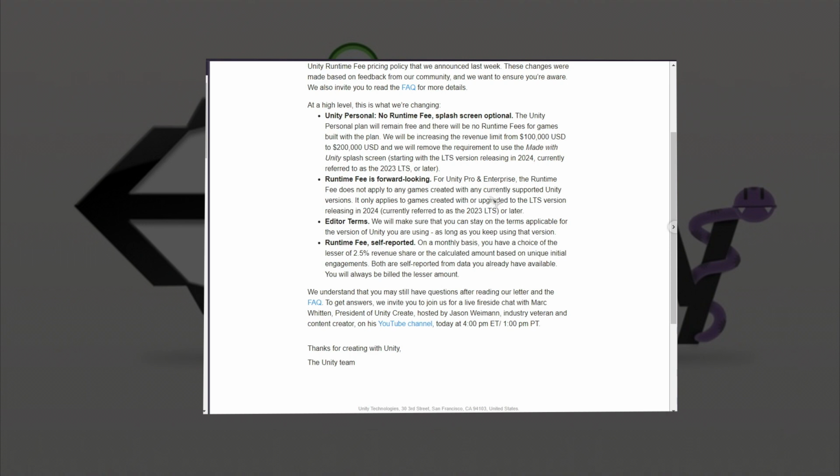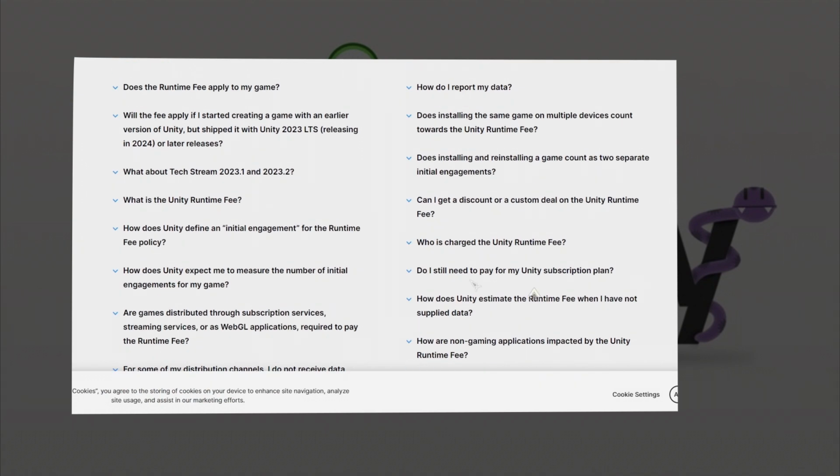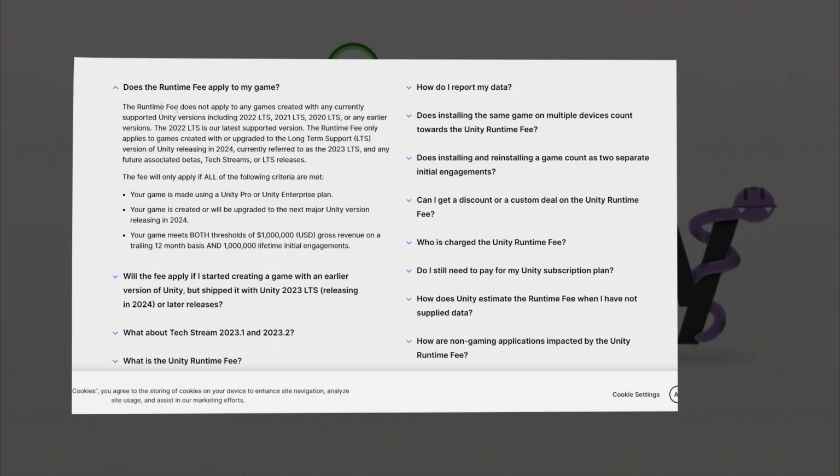So let's say if I am using any 2022 or 2021 or 2020 versions of the Unity engine, the runtime fee will not apply. And also from the FAQs we can see here, does the runtime fee apply to my games?